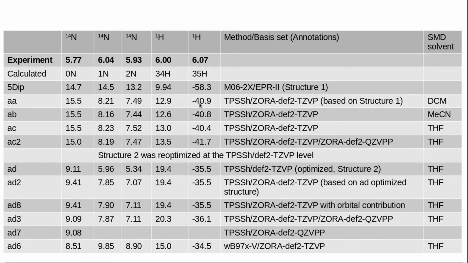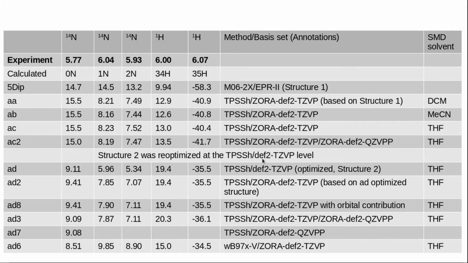Then I did all these calculations and always got a much larger value of the hyperfine splitting, particularly in this hydrogen, and all the other values were quite large. I tried different options, SORA def2-QZVPP, which is a very expensive basis set.